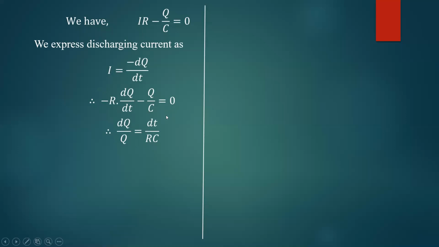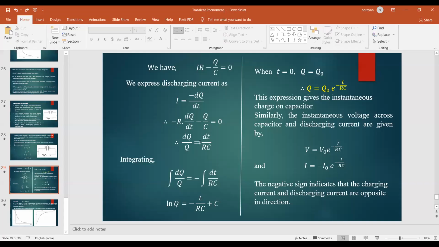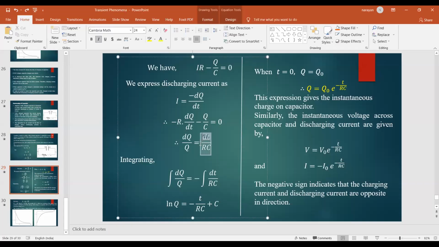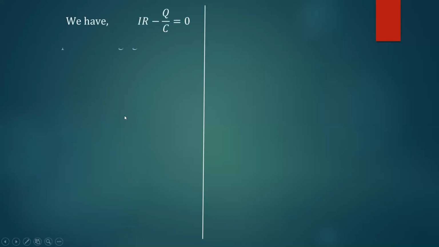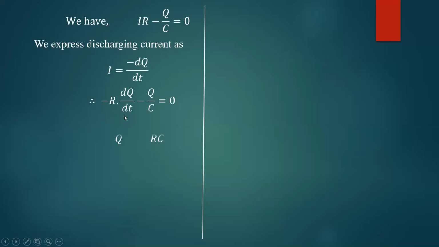Simple. So just a rearrangement is needed. If you take the negative sign to the other side, one negative sign goes. Sorry, here minus dt by rc should come. So you will get dq by q is equal to minus dt by rc.